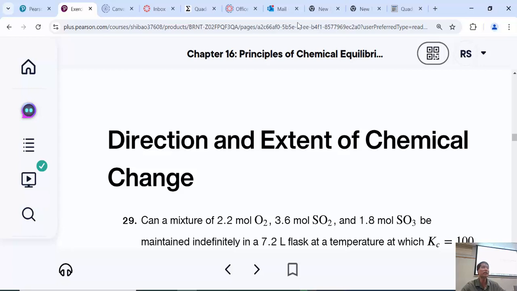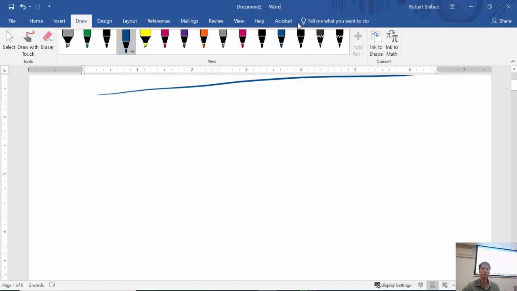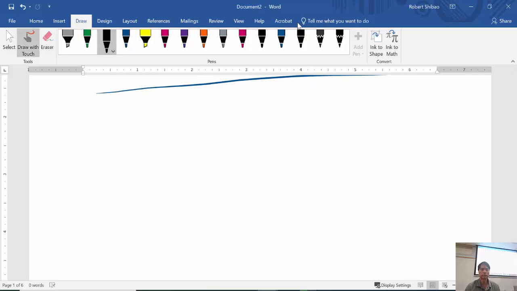Did I talk about that already? Calculating Q? All right, let's talk about that here. Direction, we usually go to the side with zeros. And so go to the side with zeros, like 0 concentration, 0 pressure.